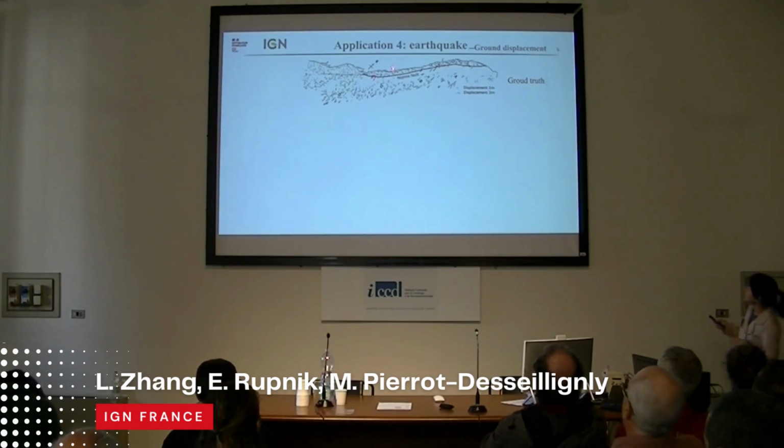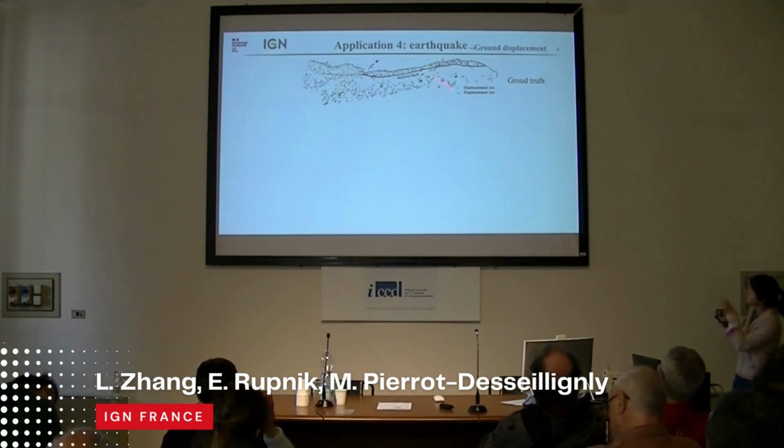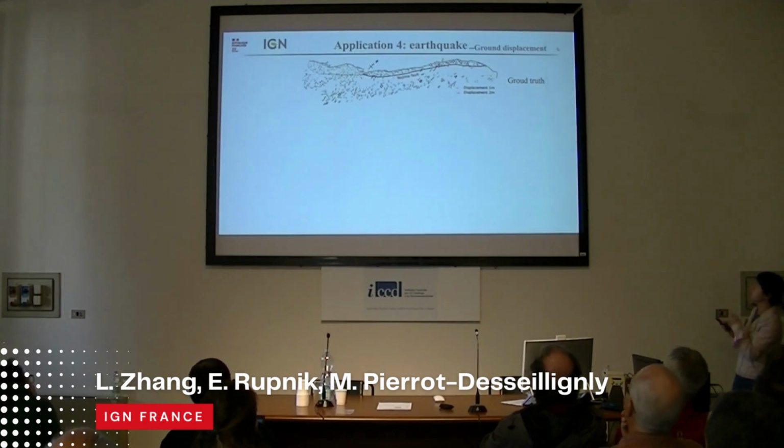As we can see here, this line is the Nojima fault caused by the earthquake, and these small arrows represent the ground displacement.